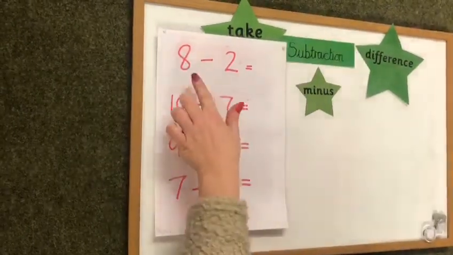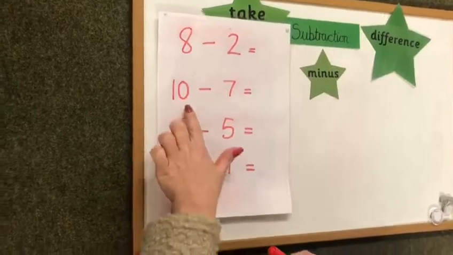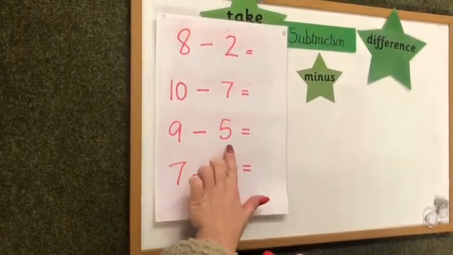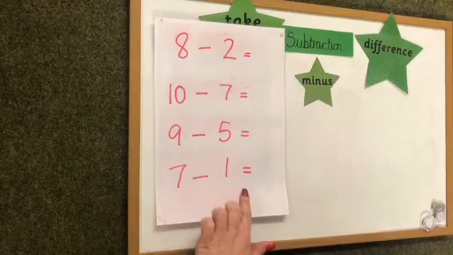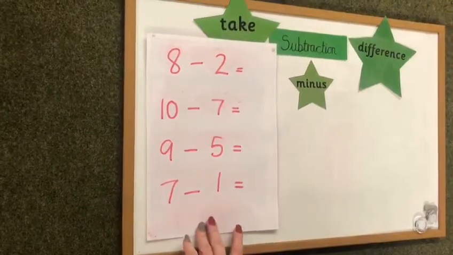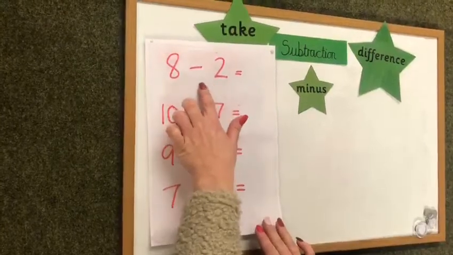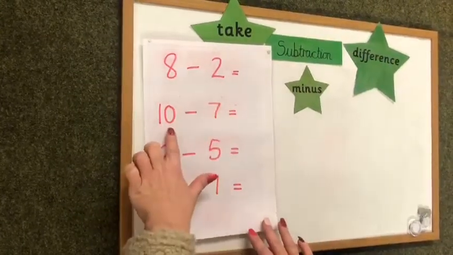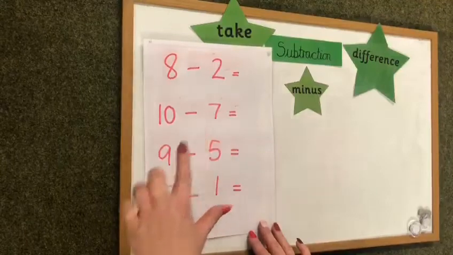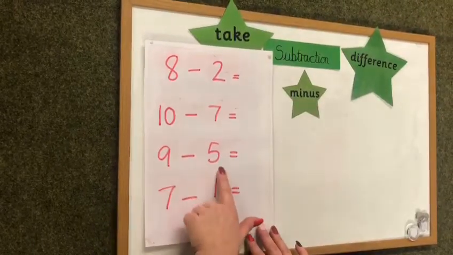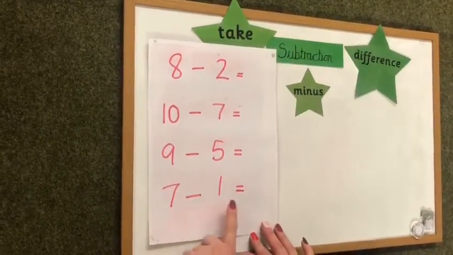Try and remember to leave some space in between your numbers so that it's nice and clear, because if the numbers are too jumbled up, you might get a bit confused at what number sentence you're actually working out. So first we have 8 take away 2, 10 minus 7, 9 subtract 5, and 7 take away 1.